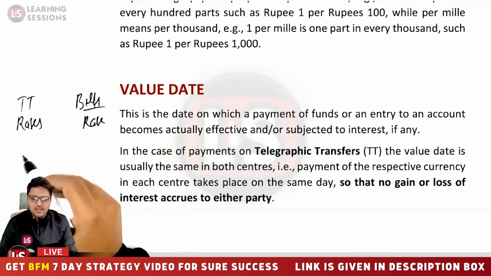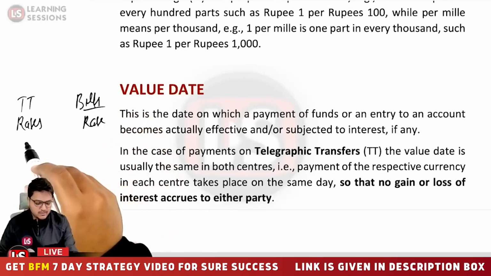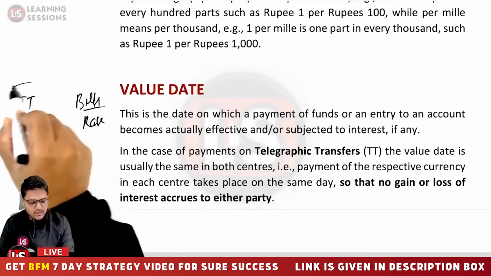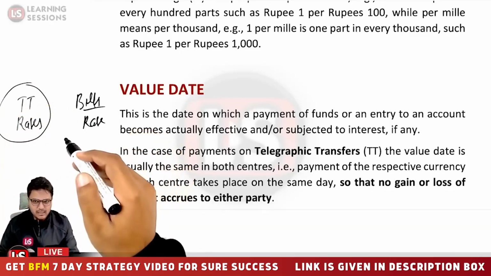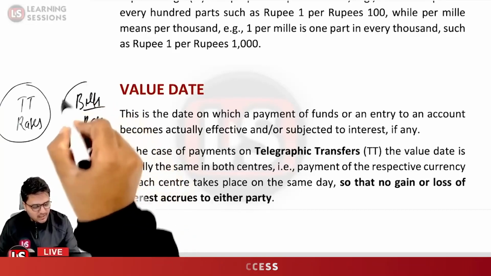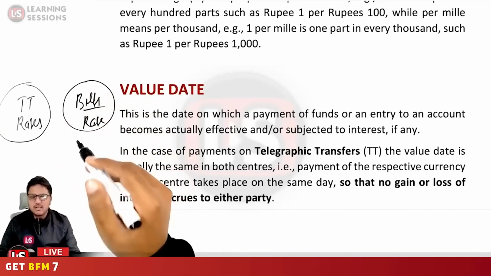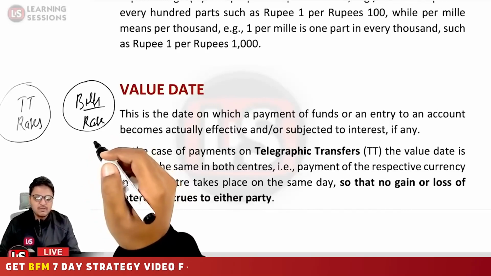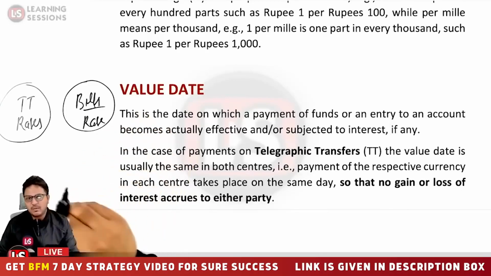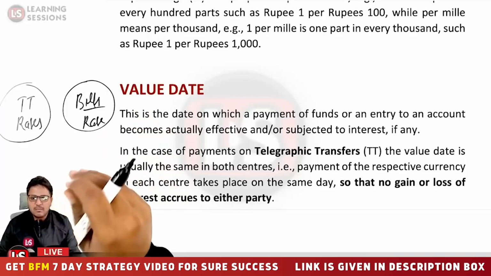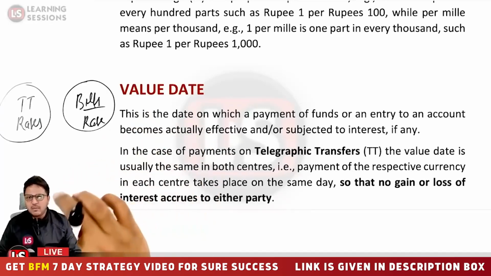If the transaction is settling in both the centers on the same day, the TT rates will be applicable. And if there is a difference between the settlement dates, in that case the bills rate will be applicable.